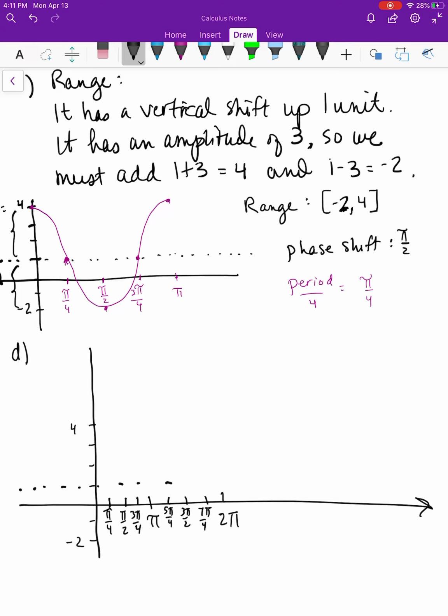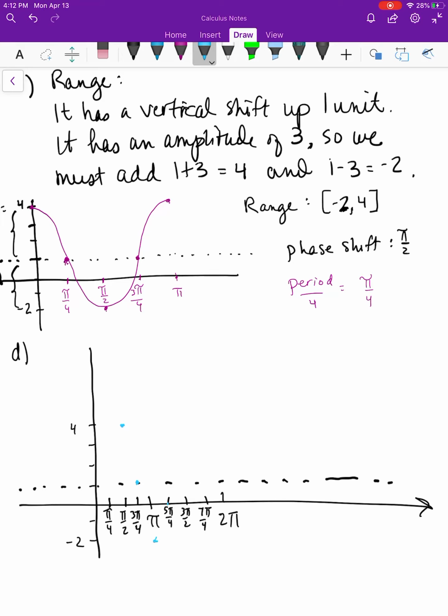So we are going from 1, 2, 3, 4 to -2 with our center line at 1. And so instead of it being at its highest point at 0, it's going to be at its highest point at pi over 2.